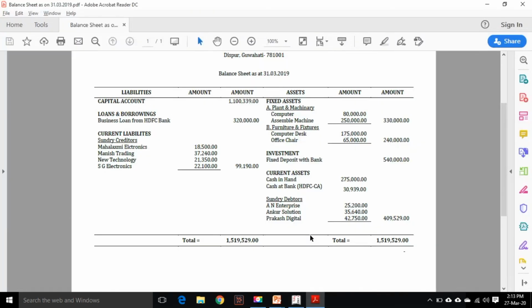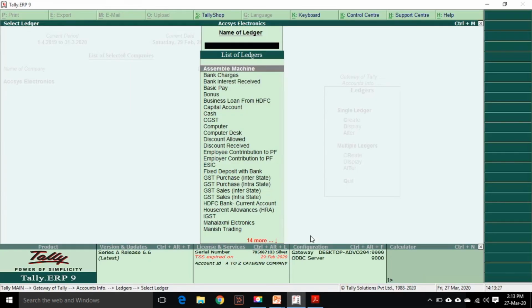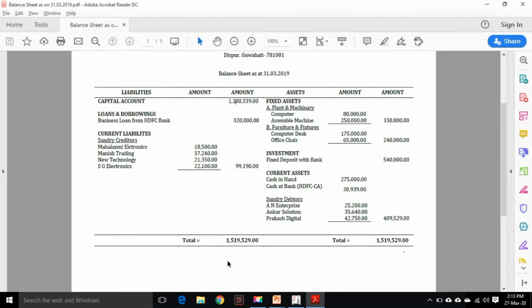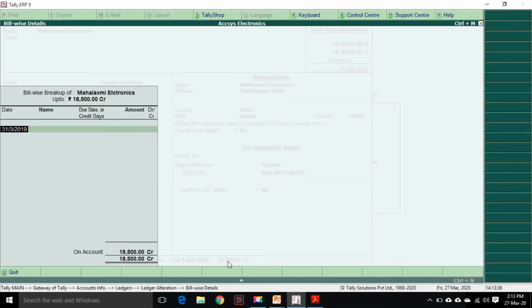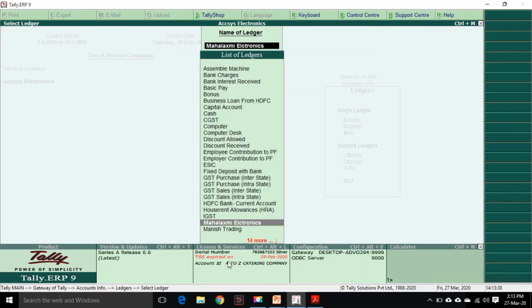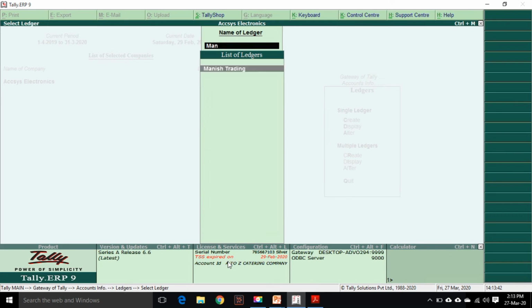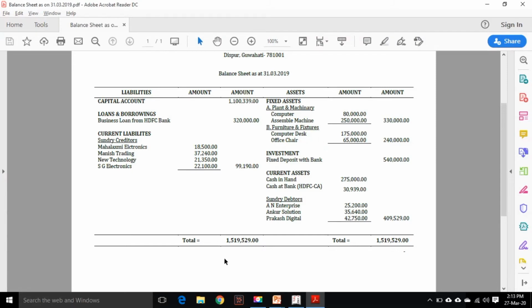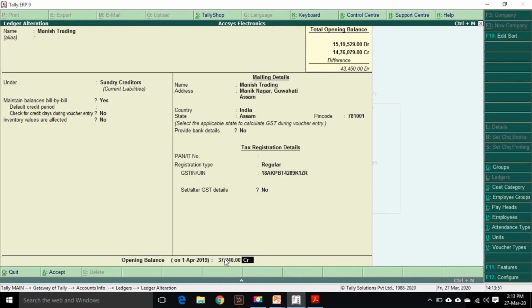Now I have to change it here. Mahalakshmi Electronics. Come to opening balance, 18,500. It will be credit because it's a creditor. Next, Manish Trading, 37,240.